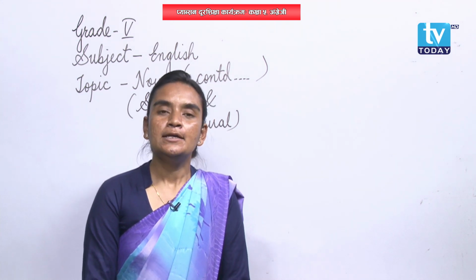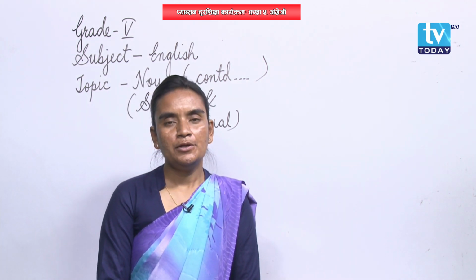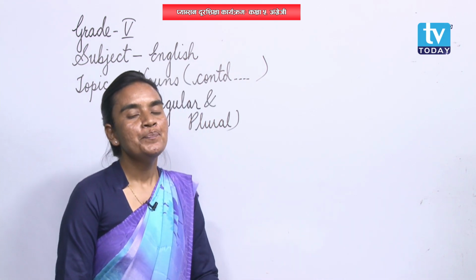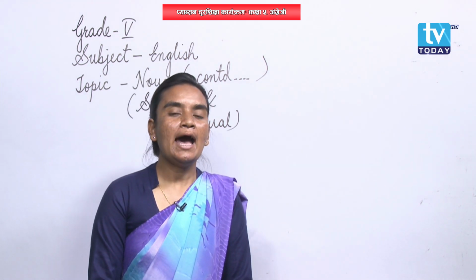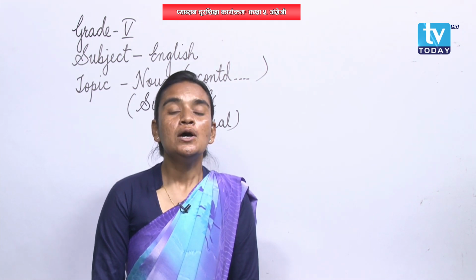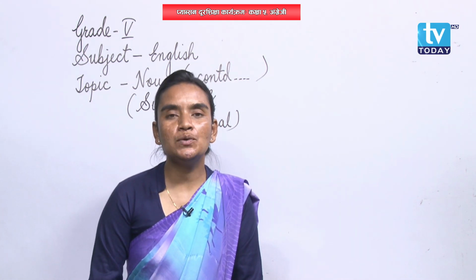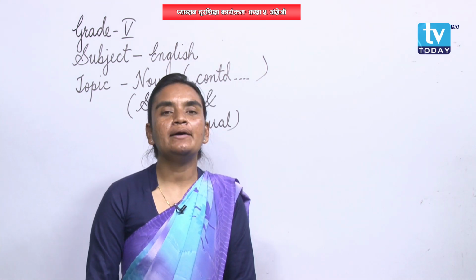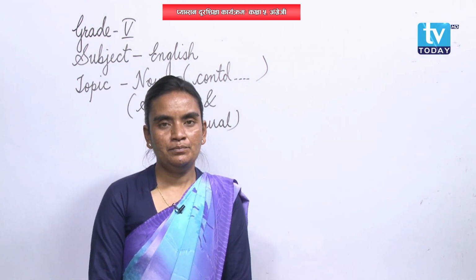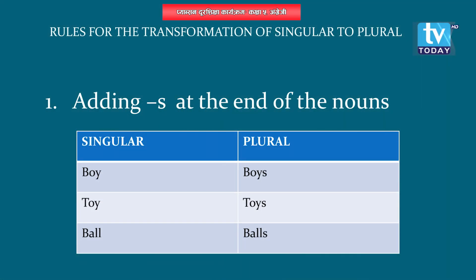The first one, you can have a look on the slide too. The first rule to transform singular to plural is simply by adding s. Some more examples you can get to make the singular noun into plural noun. The example we can get is bird, birds. There may be different examples in the slide, but you can try to get the idea.